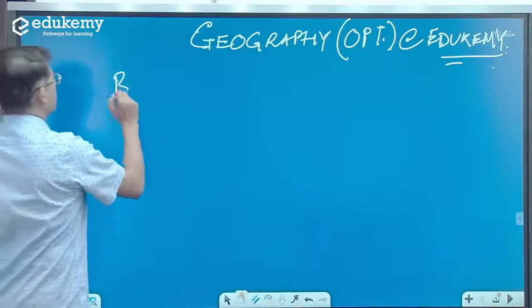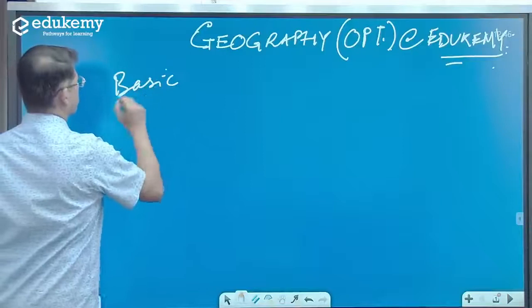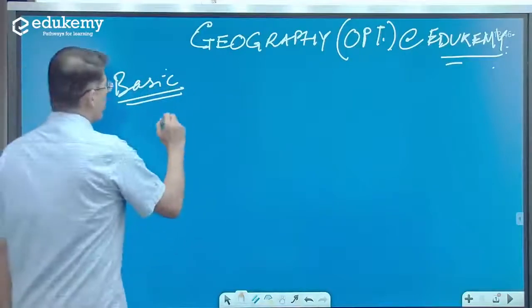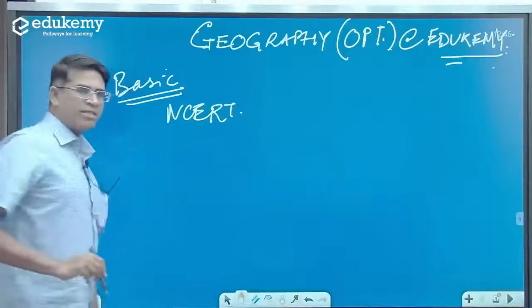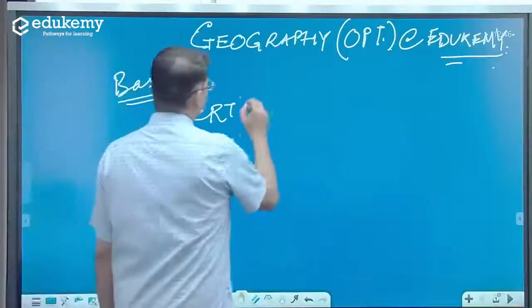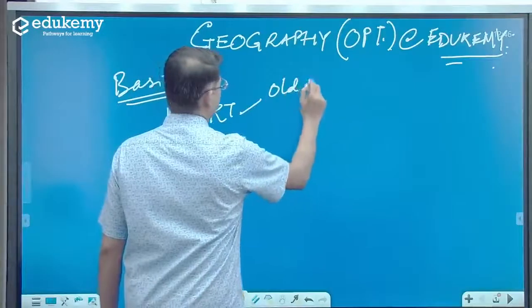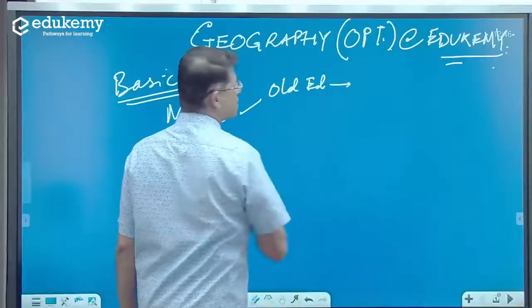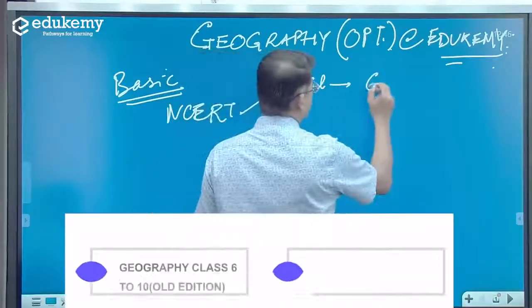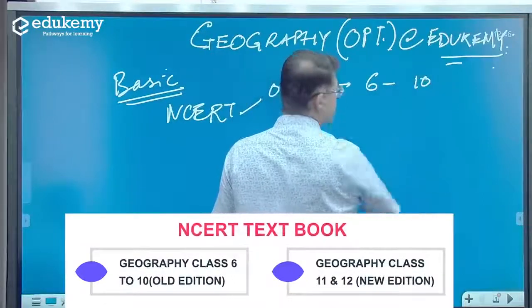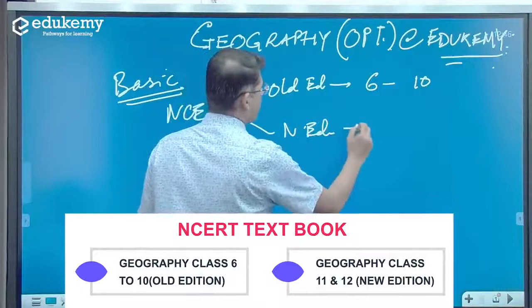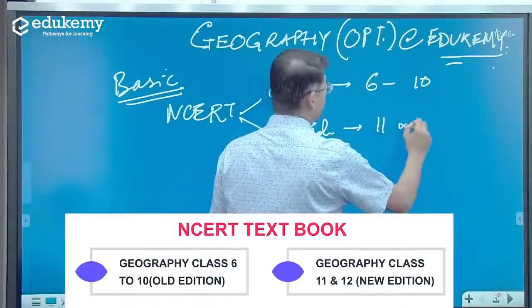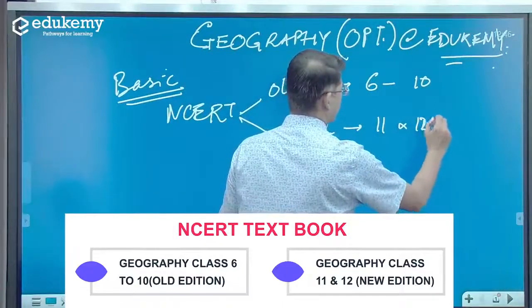So some of the basic books, one is the NCERT textbooks. In the old edition, I would suggest buying class 6th to class 10th, and in the new edition, you may buy the books of class 11th and class 12th.